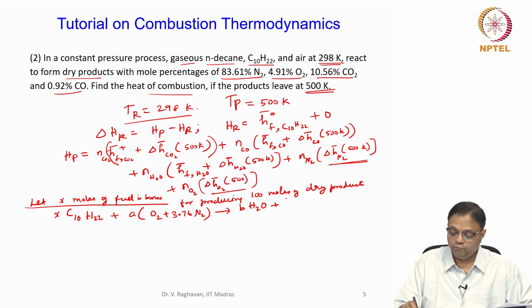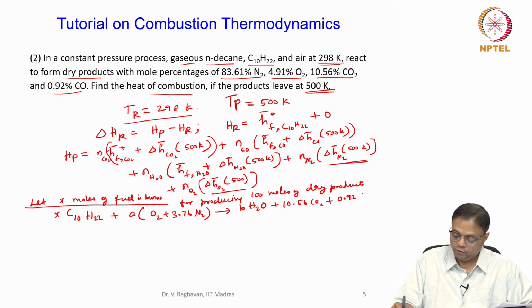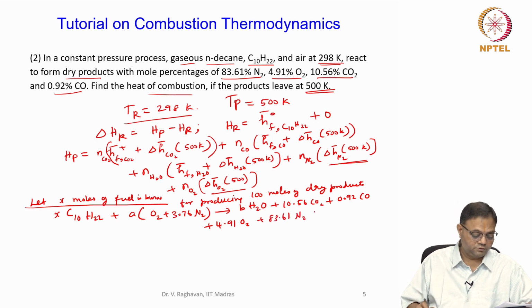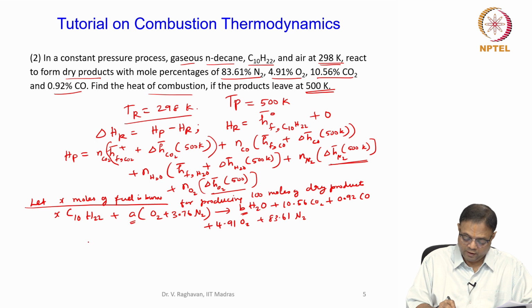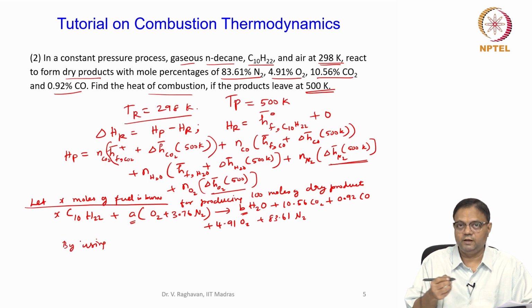For example, for CO2 I will put 10.56 CO2 plus 0.92 CO plus 4.91 O2 plus 83.61 N2. That's it. Now I can find the values of A and B by using atom balances, which we have demonstrated in tutorial 9.